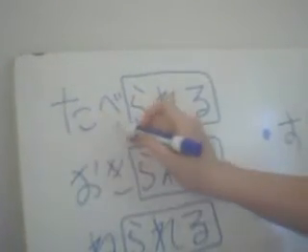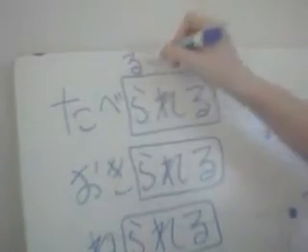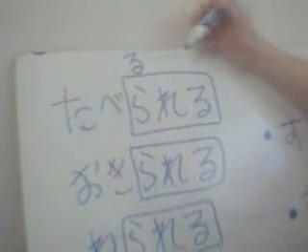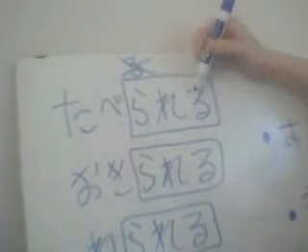So here's my example. Here's taberu, tabe. And it used to be taberu, like that. But I removed the ru and I added rareru.